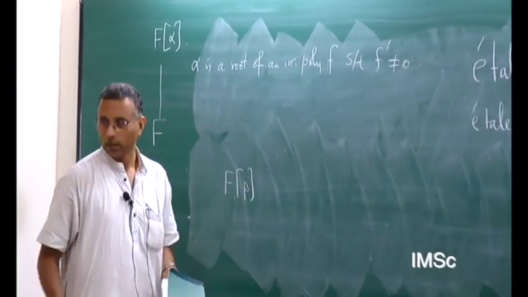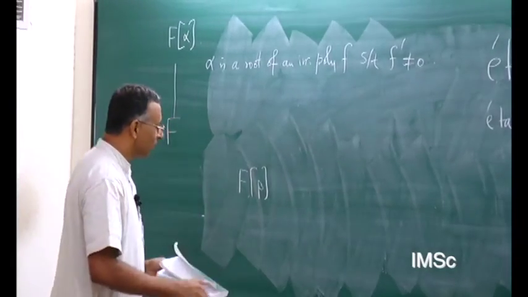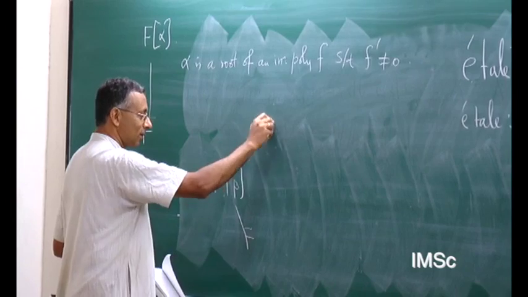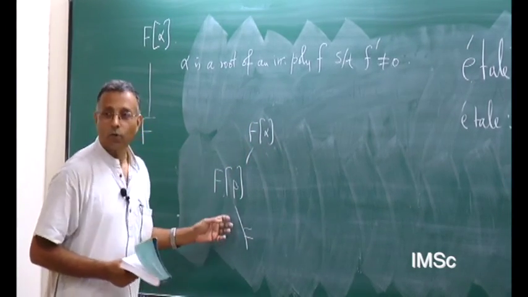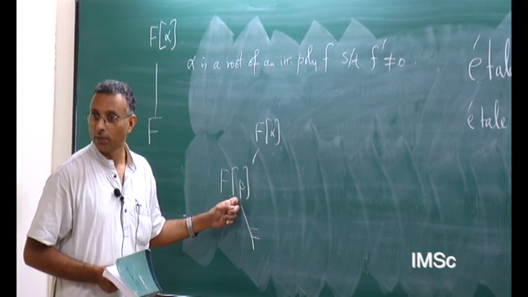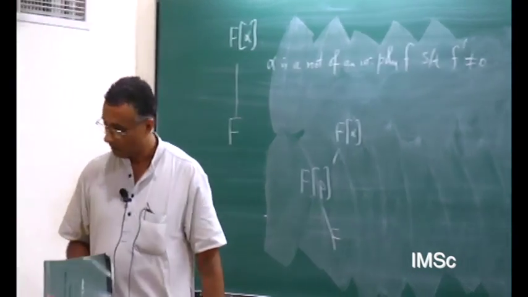Okay, indeed, you could do that, I agree, with a little more work. So you are attaching this, and you are saying, okay, now go ahead. What's the argument? Suppose this was non-separable. Then the number of embeddings of F beta is less than the degree of F beta over F. But we know that the number of embeddings of F alpha into F bar is exactly equal to the degree of F alpha over F because alpha is separable.